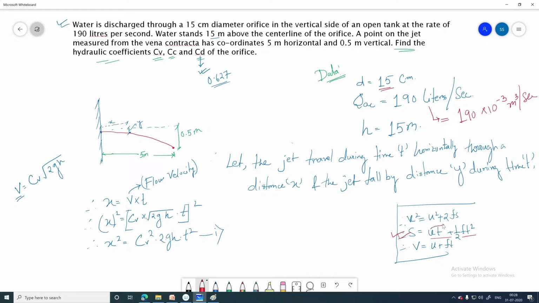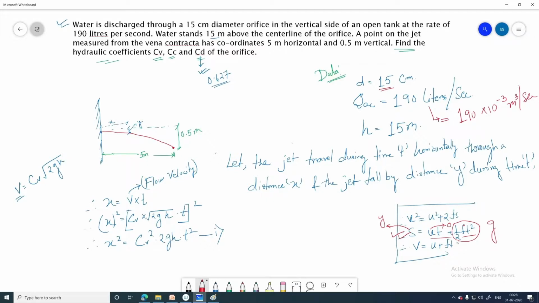In our case u is 0, so we consider only this portion. Here s becomes y, this particular distance, and the acceleration is g, the acceleration due to gravity.